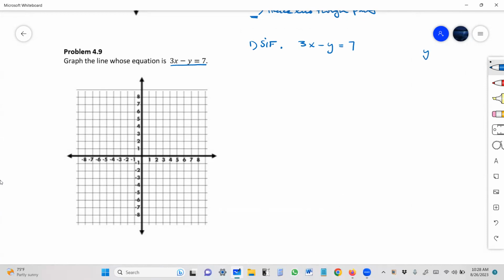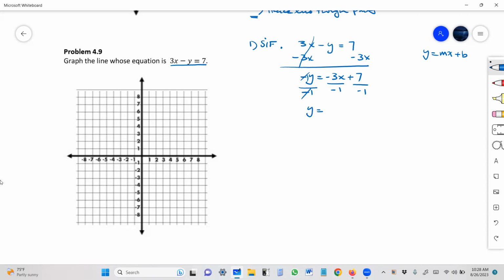So remember the equation that we want is y equals mx plus b. So minus 3x on both sides. And in this case, now I have a minus 1 here. There's an invisible 1, so I'm going to divide everything by -1. So I will get y.